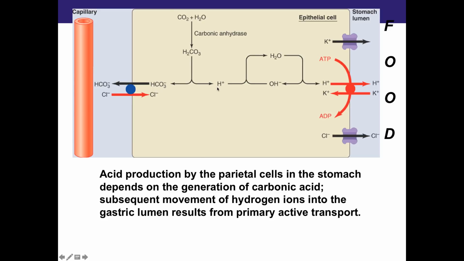And just like in the kidney, for every carbon dioxide molecule, 1 proton is secreted into the lumen of the stomach, and 1 bicarbonate is absorbed into the blood. Bicarbonate is transported across the basolateral membrane by the chloride bicarbonate exchanger.